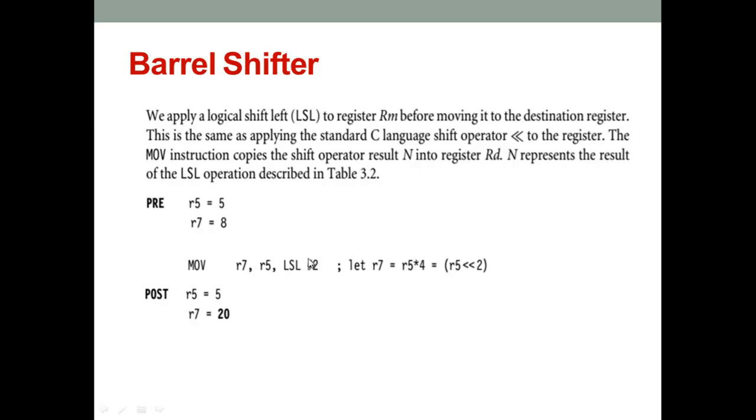So before my R5 is moved into R7, my R5 is shifted twice to the left and then moved into my R7 register. As a result, 5 is shifted twice. Basically it's a power of 2, so I would get 20 saved in my R7 value, and my R5 value would remain the same as 5. So that's the advantage we have with the help of barrel shifter pre-processing.